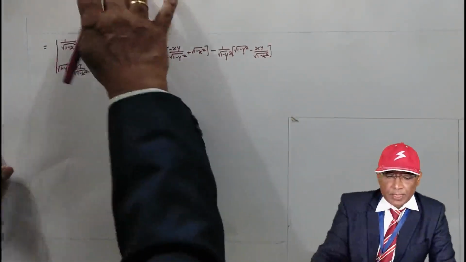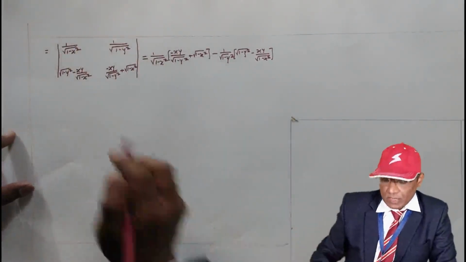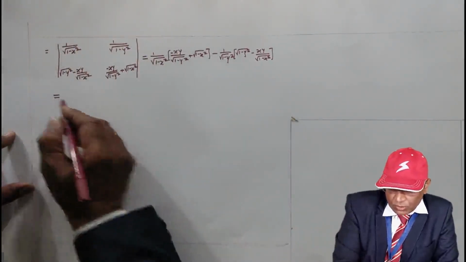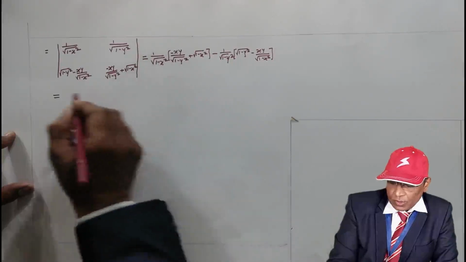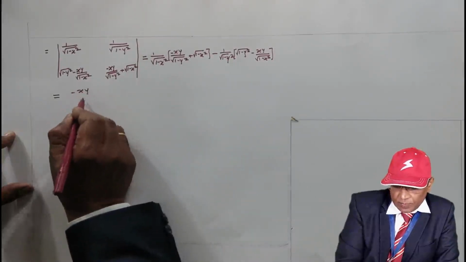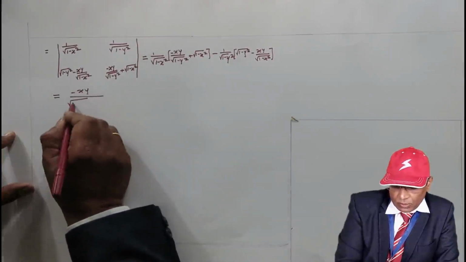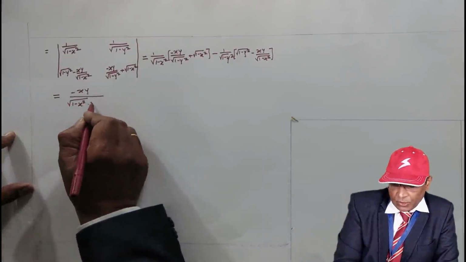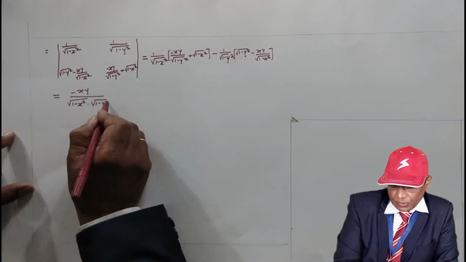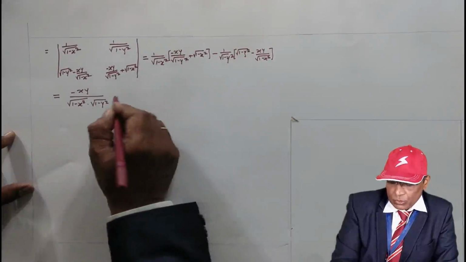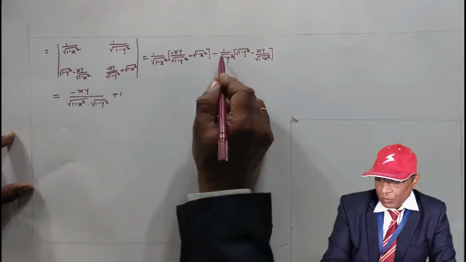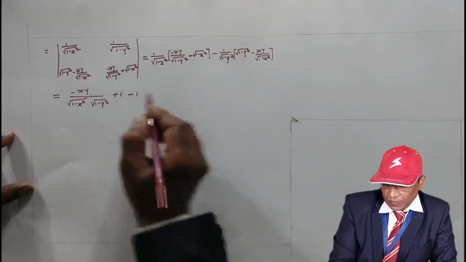Now do the multiplication and check whether you get 0 or not. The product of this is minus xy by under root of 1 minus x square into 1 minus y square. Product of these two is plus 1. Product of these two is minus 1.